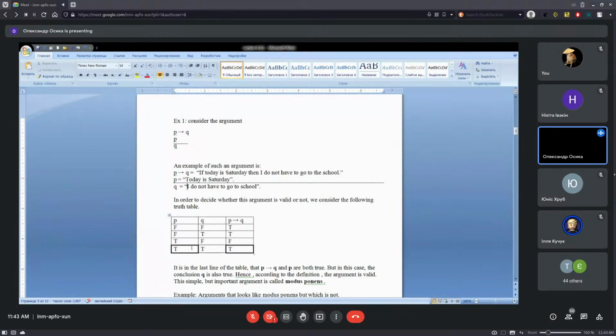I decided not to make an additional column because it is here, same. So these are interpretations of these formulas. First interpretation, second interpretation.